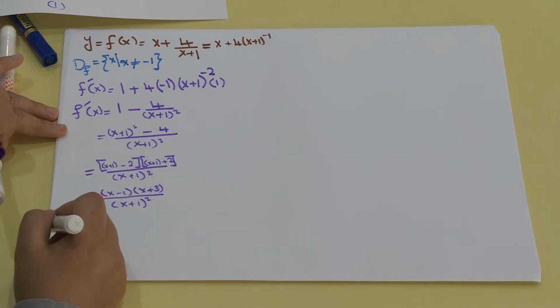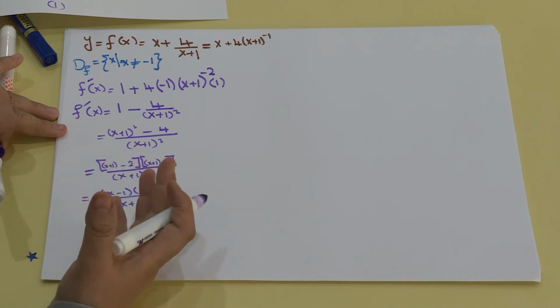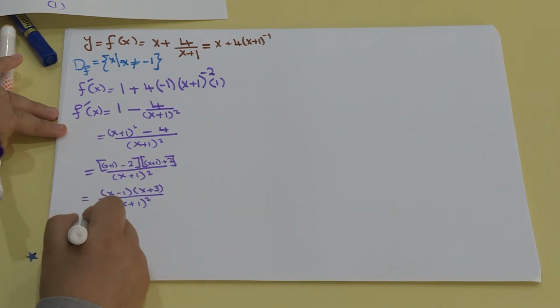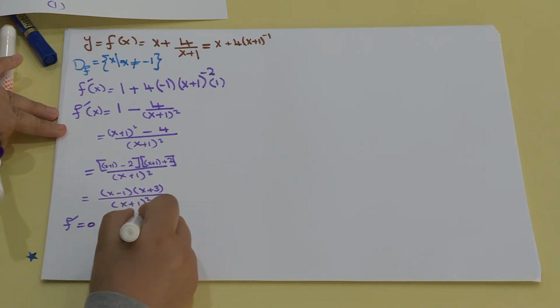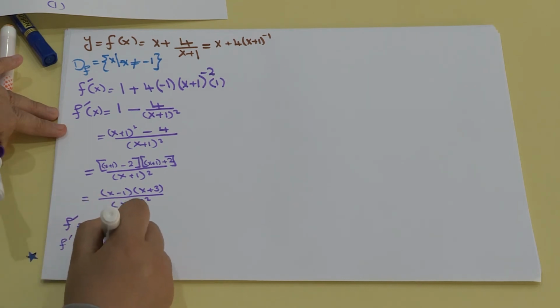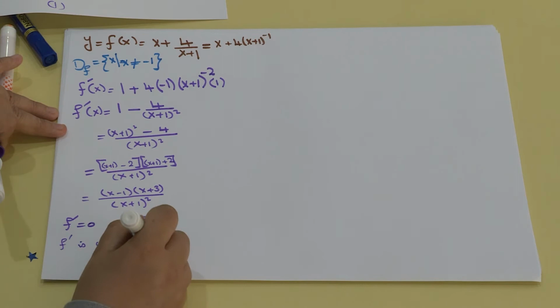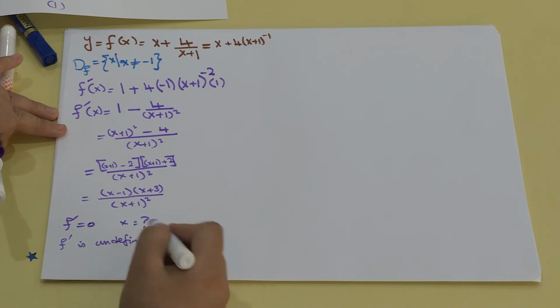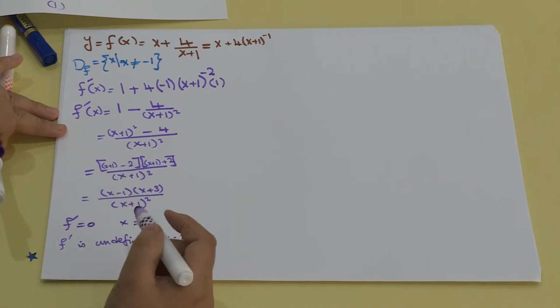Now we need to find the values of x for which f prime equals 0, and the values of x for which f prime is undefined. We decide whether these values of x are critical values or not, depending on whether they are in the domain of the function.